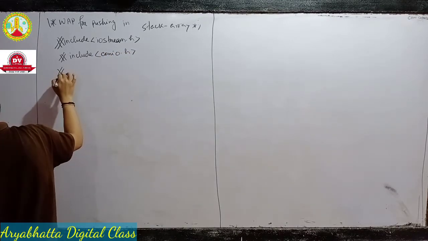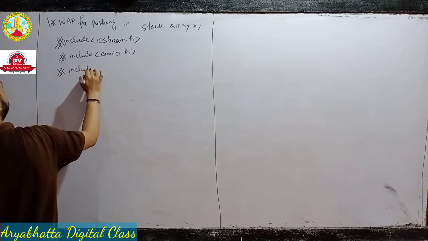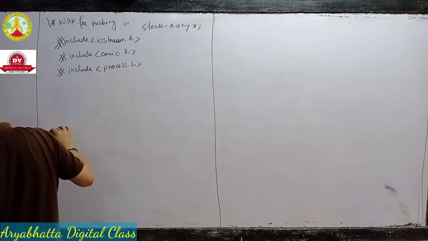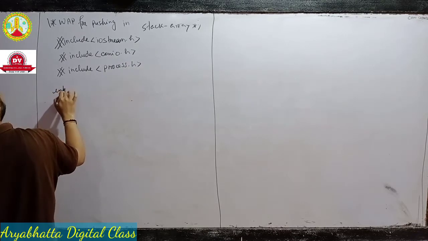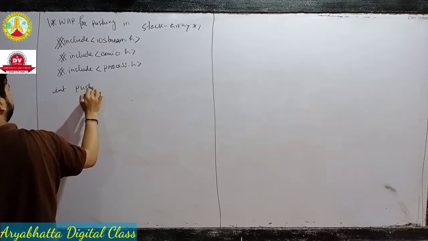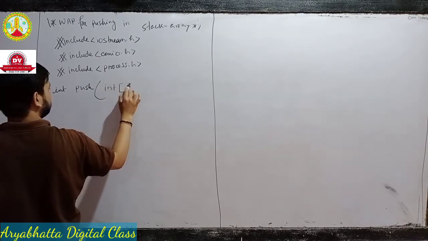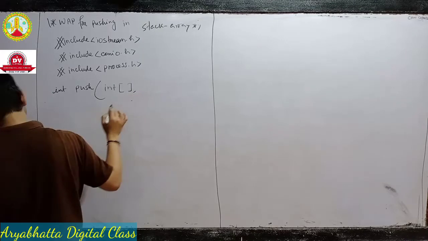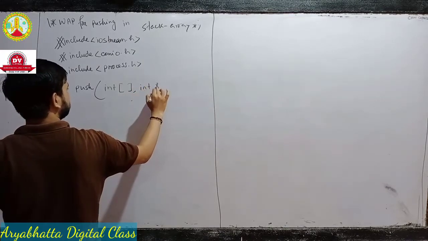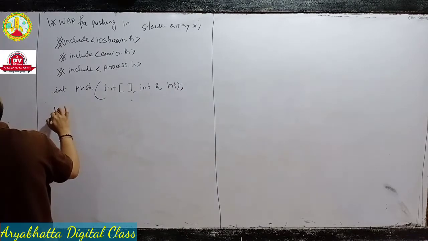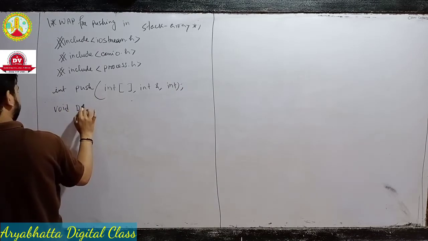You have to include 3 header files. Functions will be declared: int push, we give the parameters int array, int ampersand int, and next is void display, to display the stack.